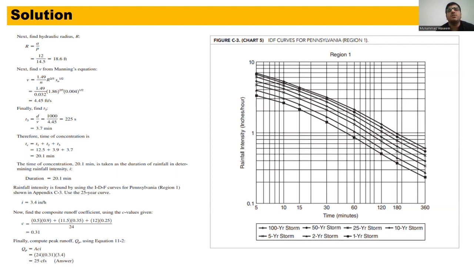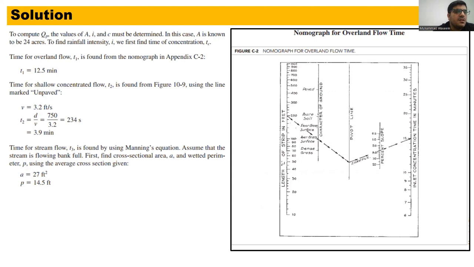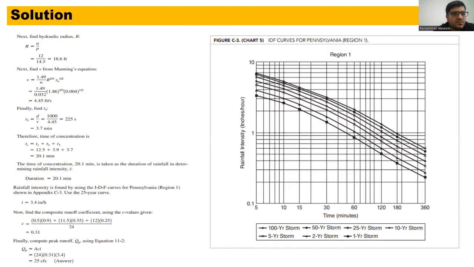Then we found Qp in CFS, cubic feet per second, which was a peak discharge of 25 CFS for a rainfall intensity of 3.4 inches per hour and a time of concentration of 20.1 minutes. So this is how you find the peak discharge by using the rational method.